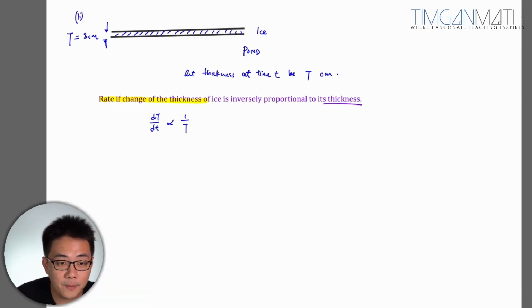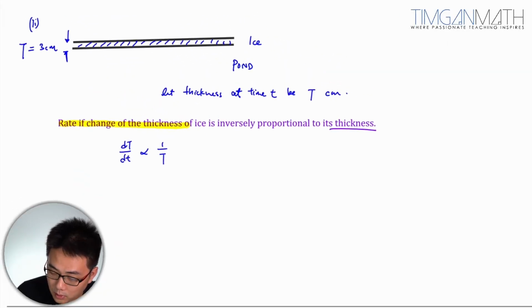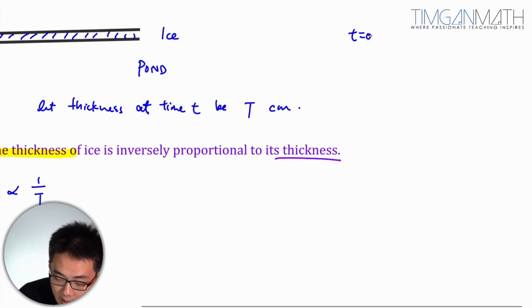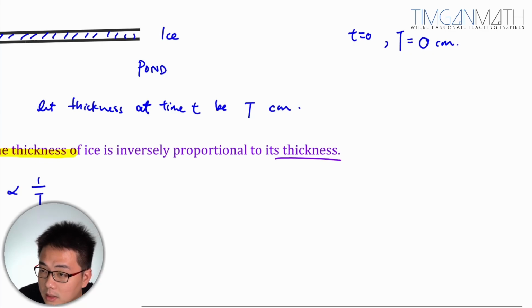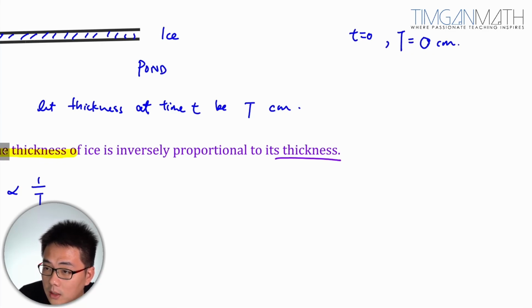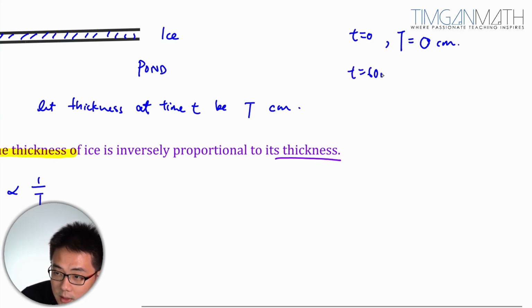Now once that's done, you're told that at time t equals 0, the thickness is 0 cm. Small t is in minutes. After 60 minutes, the thickness becomes 1 cm.